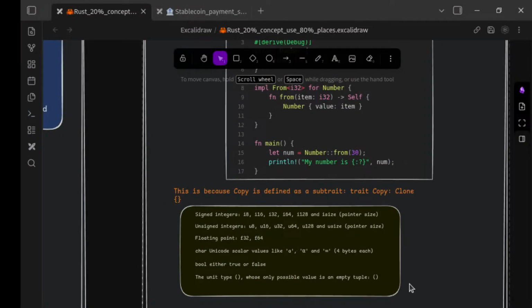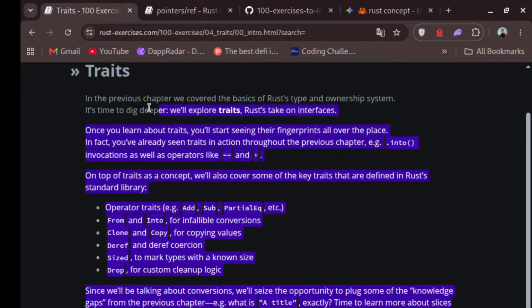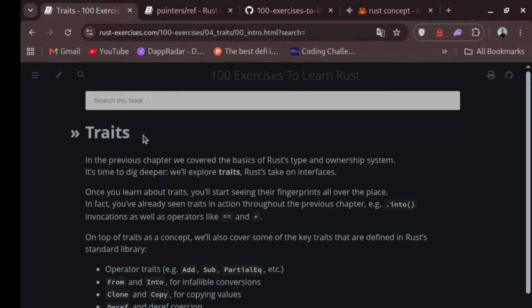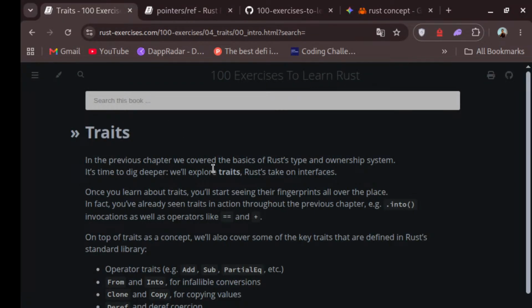Those are the sizes: signed integer, unsigned integer, floating point, we already know that, and Drop is used to clean up for the compiler. So we already covered these traits, and I don't use the Rust by Example book because it is huge, and I think it is not feasible for beginners like me to use this book.